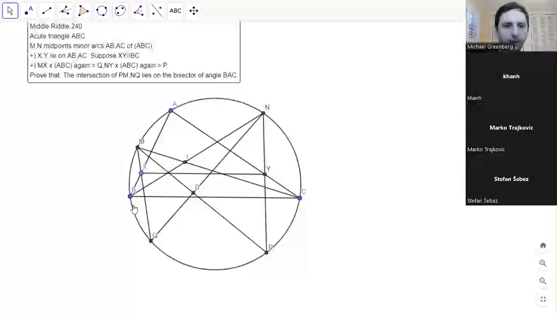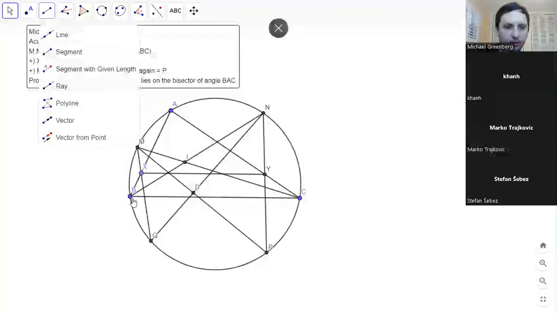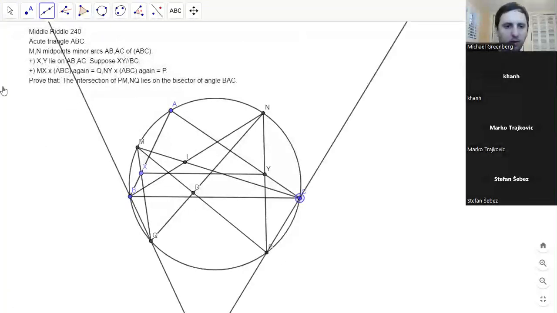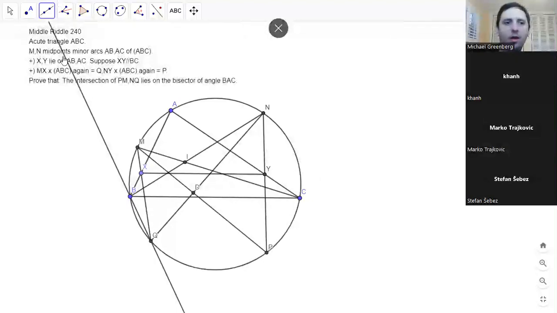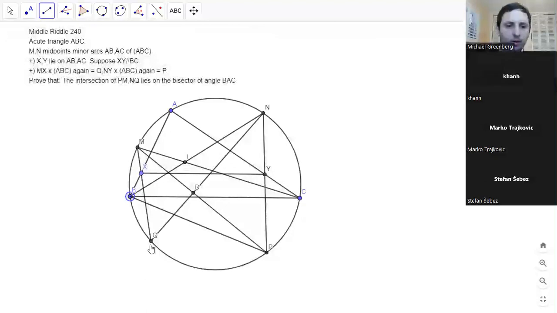I guess it's the same as saying BQ and CP intersect on the angle bisector. But that doesn't look true, so I'm missing something. It's BP and CQ, not BQ and CP. Okay. Yeah, that looks right. All right.